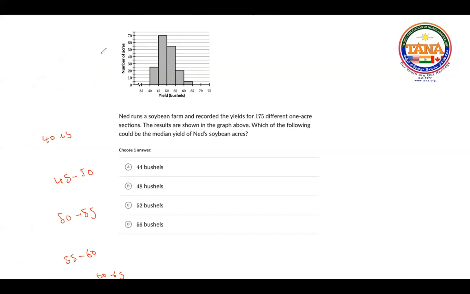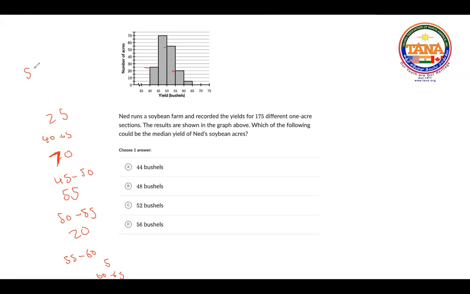So 40 to 45 is right here, which is 25. And then 45 to 50 is 70. And then 50 to 55 is 55. This is 20. And this is 5.